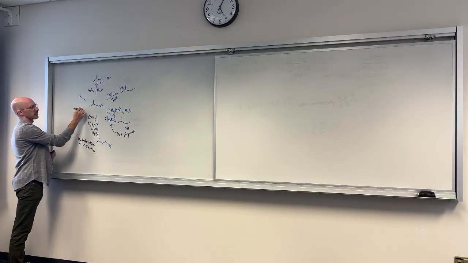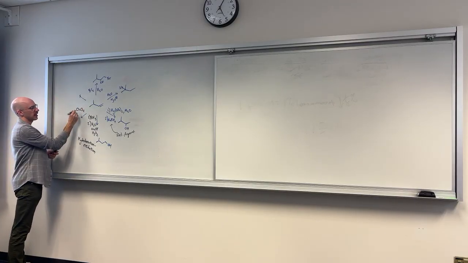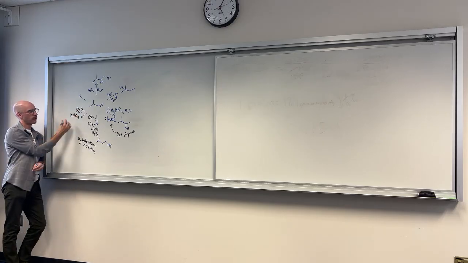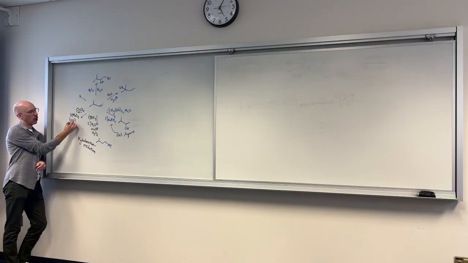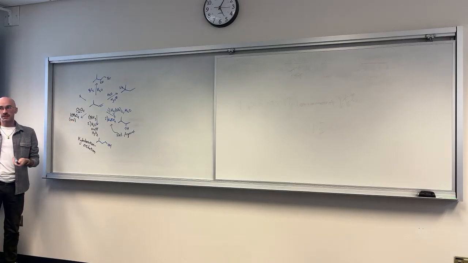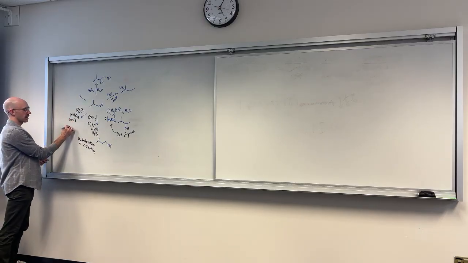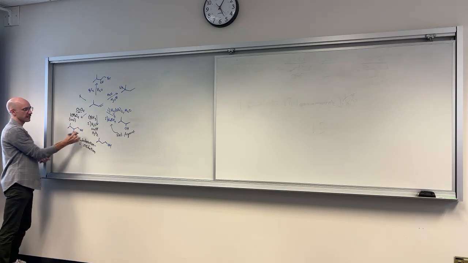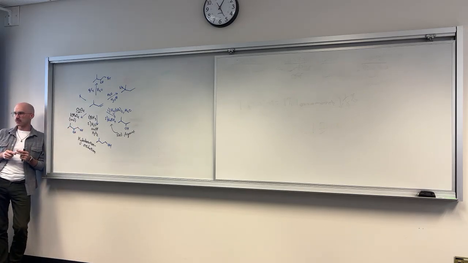We can use osmium tetroxide, or we can use potassium permanganate, KMnO4, cold. This doesn't just give us an alcohol, so it's not just hydration. Both of these processes give us vicinal diol.